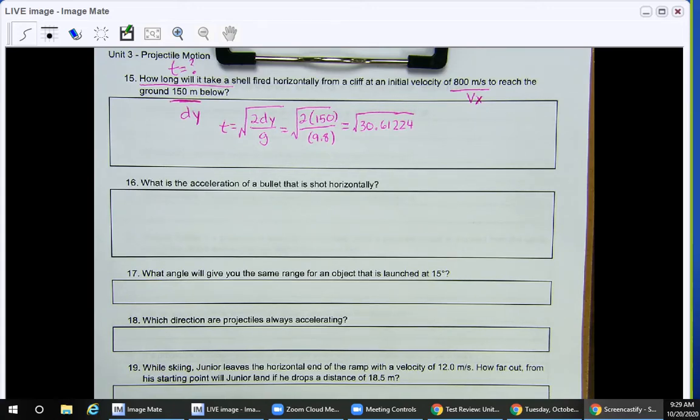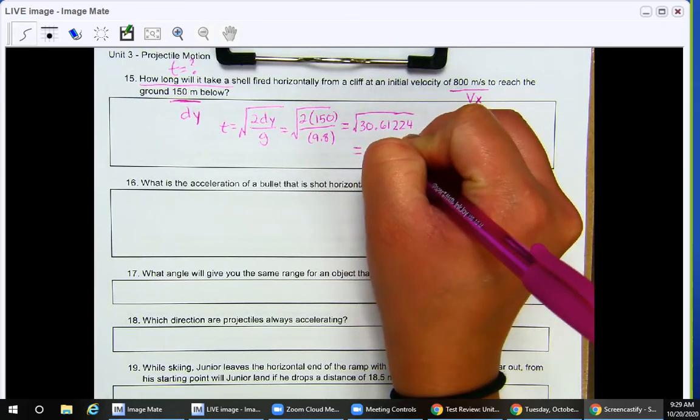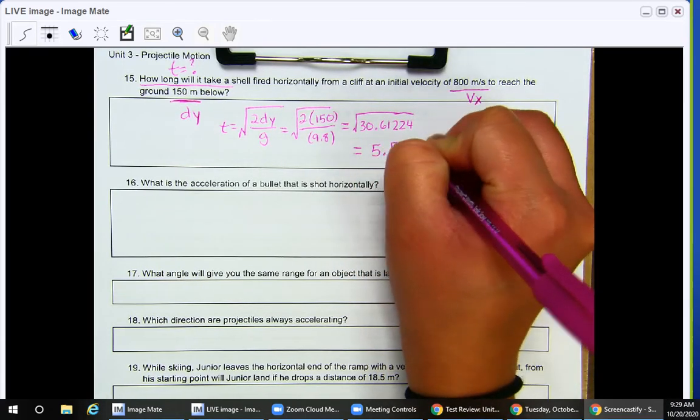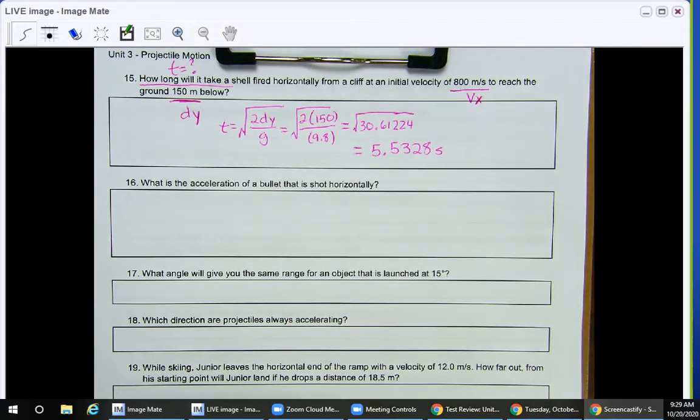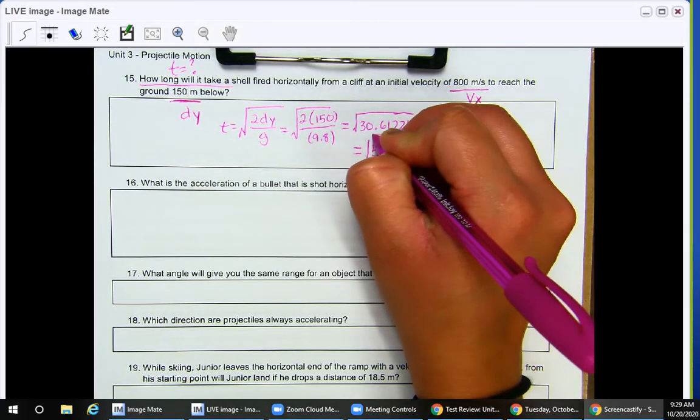When you square root that value, your time should be 5.5328 seconds. And that was just the one-step problem.